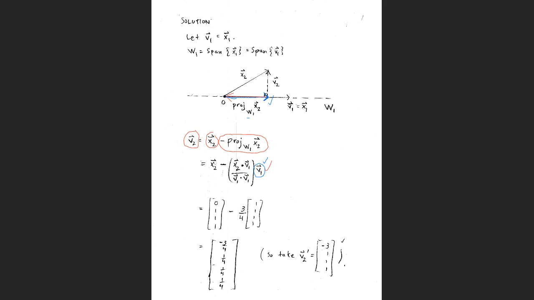So we work it out, and this vector V2 is going to be the vector -3/4, a fourth, a fourth, and a fourth. Let me know if you have any questions up to that part.